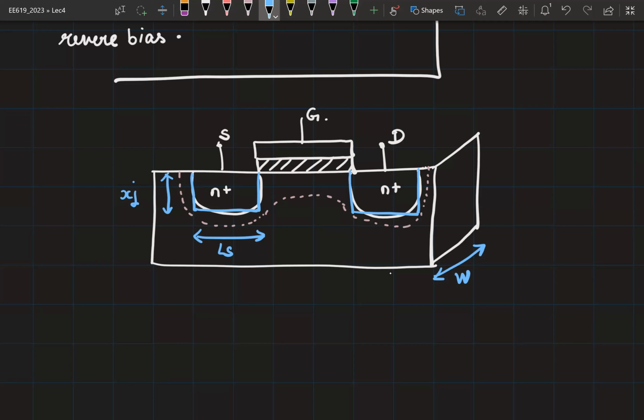So first we'll write for the bottom plate capacitance. Can you tell me the area of the bottom plate? It will be LS into W. Let's write that.